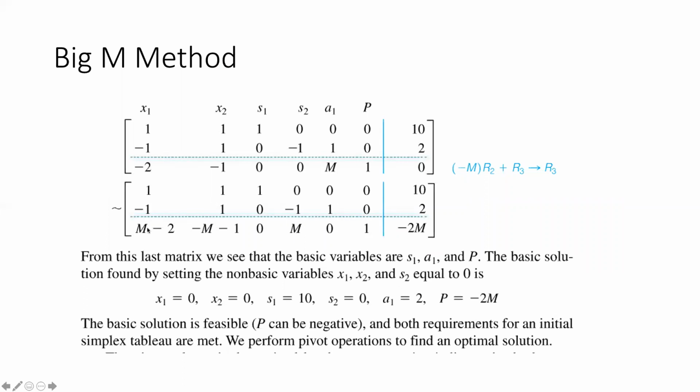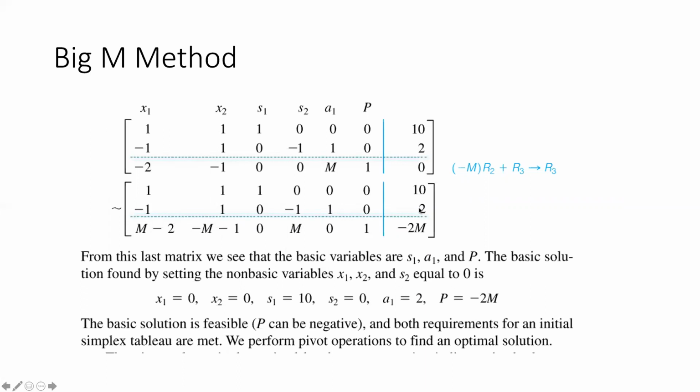When we talk about pivoting here, you're going to see there's only one column that we can pivot on. But before we do that, let's interpret what our basic solution is. In this case, x1 is 0, x2 is 0, s1 is 10, s2 is 0, and a1 is a basic variable now, the artificial variable.